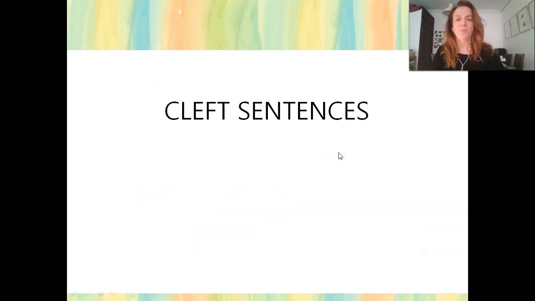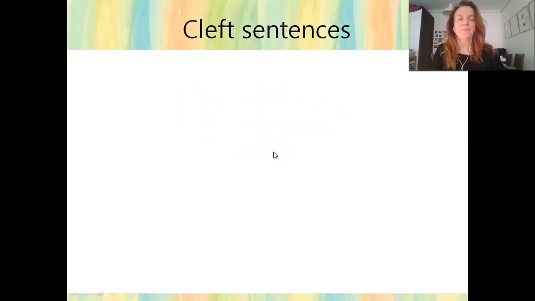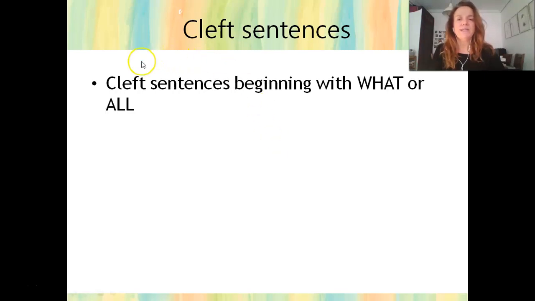Okay, hope that's clear. Let's move on to cleft sentences. Okay, so we are going to talk about 3 types of cleft sentences. The first type is when they begin with the word what or the word all.